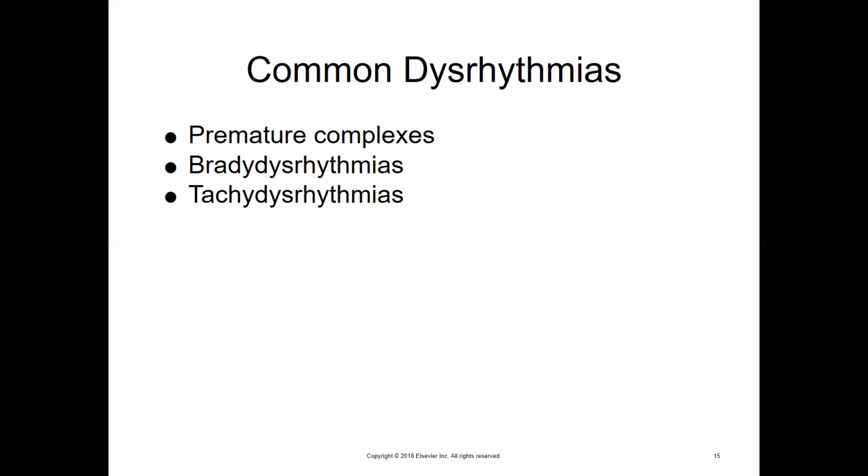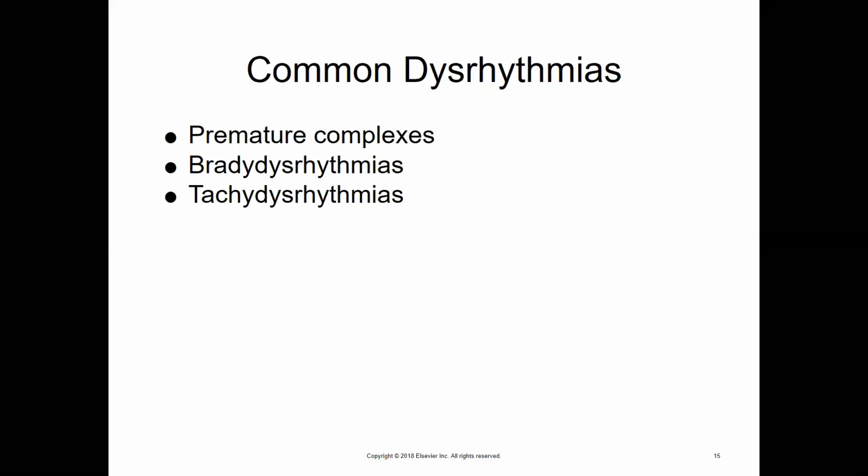Okay, so again, any disorder of the heartbeat is called a dysrhythmia. Dysrhythmias occur for many reasons. Again, MIs, electrolyte imbalances, hypoxia, drug toxicity, low blood volume, use of illicit drugs, stress, fear, anxiety, you know, the list could just go on and on.